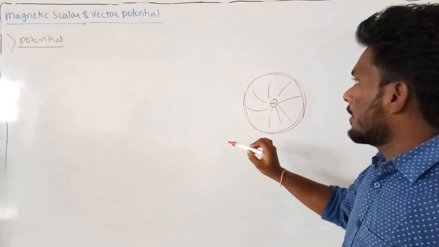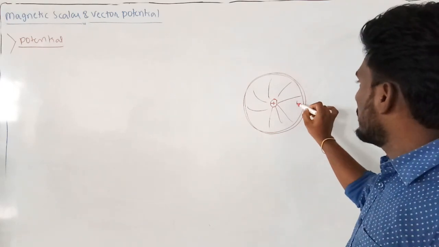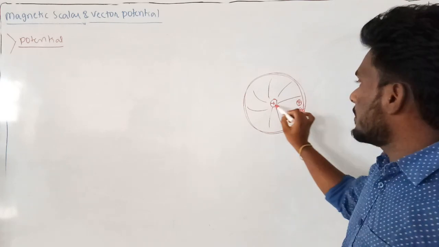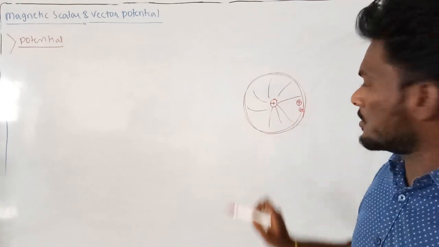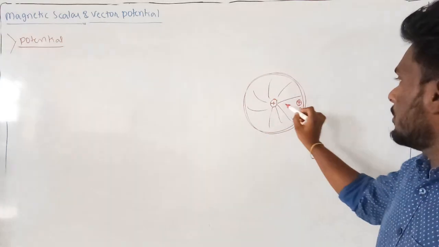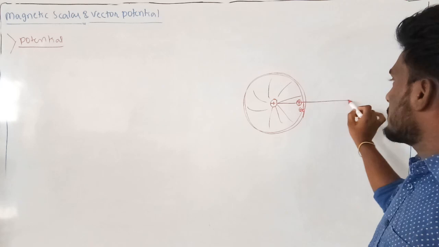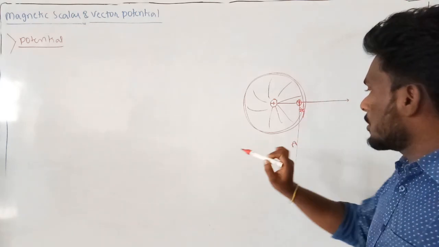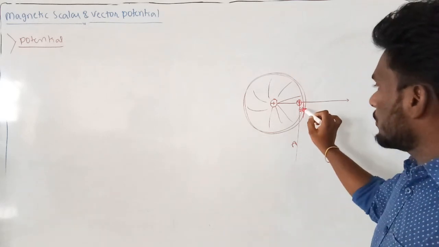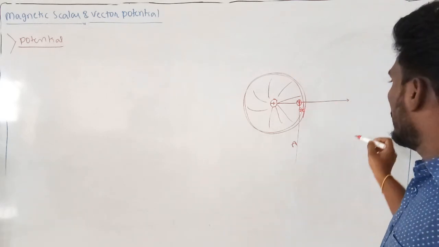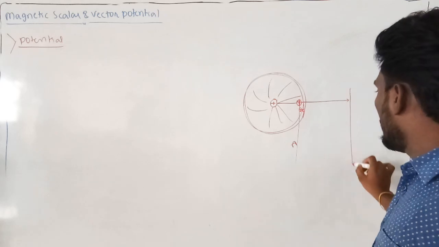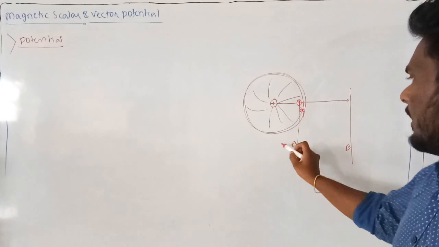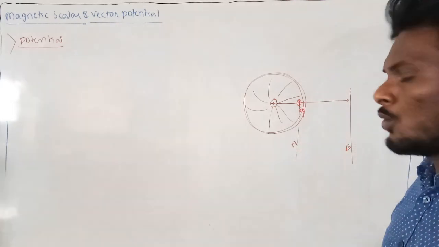Now, if we have a test charge which is similar to the base charge, due to the force of repulsion this test charge moves from its initial position, let us consider A, to a final point B. These two positions are known values.